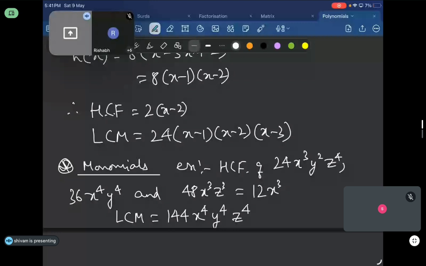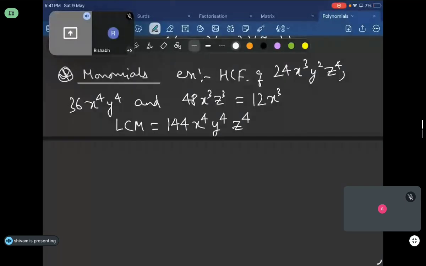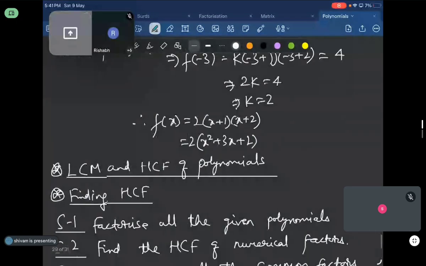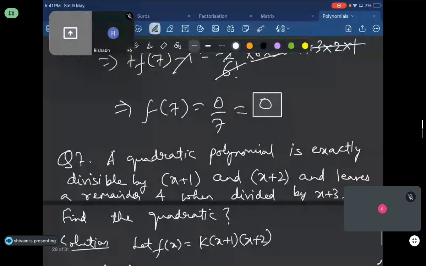So let us do some problems. See, in Olympiads, you won't be asked to find out the HCF and LCM of this expression. You may be asked if you are lucky enough. But what kind of question will come? I am telling you. Pay attention. What is the question number? 8. So before doing question number 8, there is another thing.